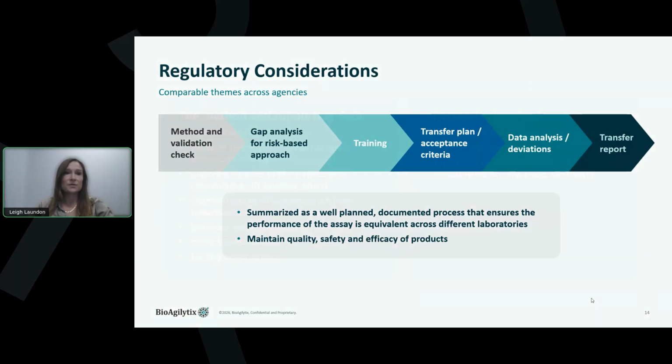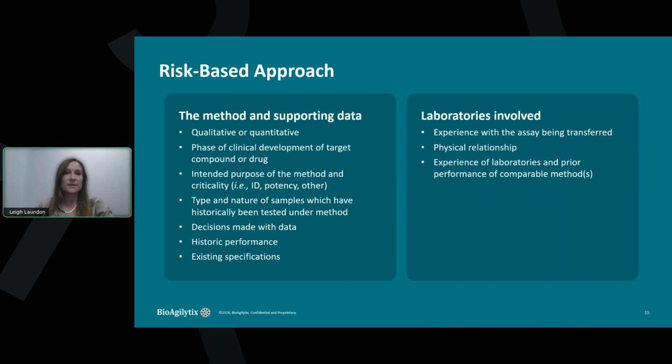Moving on more towards this risk-based analysis. So like I said, we start with this paperwork exercise and a risk-based analysis of the method. We look at the method itself and any data that's historically been accumulated. We look at any risks in terms of how the assay has performed in the sending lab's hands, any specs or acceptance criteria that we've already set, and try to pinpoint any risks that we might encounter.